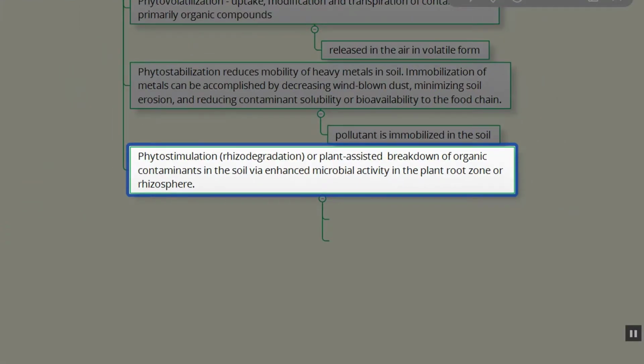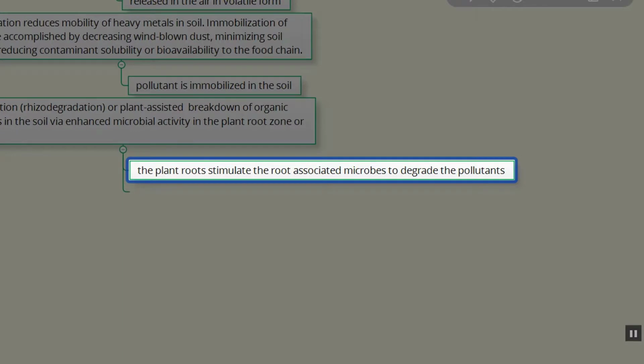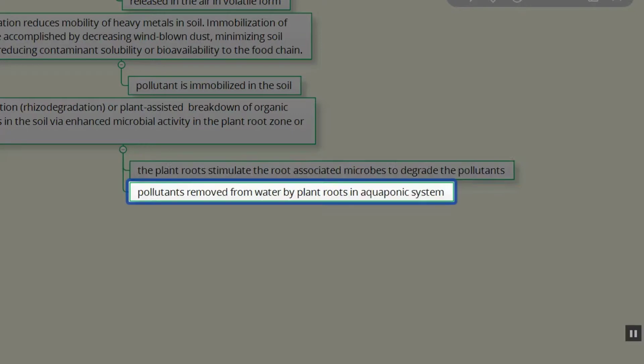How about phytostimulation? Well, that's where we're working with the root zone or the rhizosphere, where there's enhanced microbial activity as a result of the plant stimulating the microbes that are associated with the roots in these plants. And so the plant roots actually stimulate the associated microbes to degrade the pollutants.